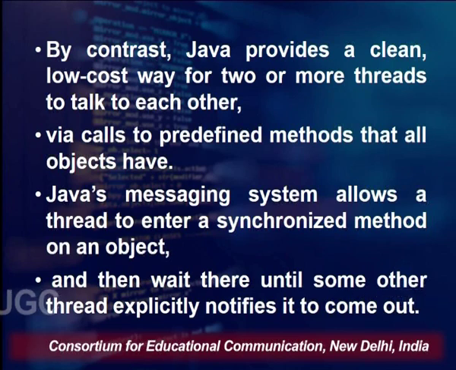So, what does that mean? Once a thread enters a synchronized method on an object, a message can be sent to all other threads, and those threads must wait until they are notified that the thread which has entered is now coming out.